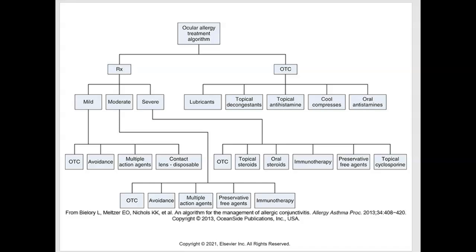The ocular decongestants are contraindicated if anybody has a history of angle closure glaucoma. So that's a big deal. The glucocorticoids may increase your intraocular pressure if they're used long term. Mast cell stabilizers take time. And then you have to educate the patients so that they're not quitting after 7 days because they got no relief. Okay.